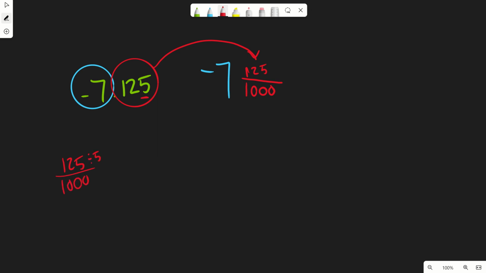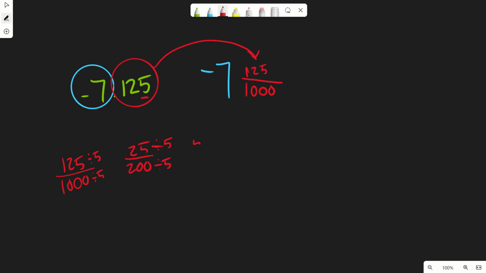These can both be divided by 5. This gives me 25 over, what would that be, 200? Well, those can both be divided by 5 still.